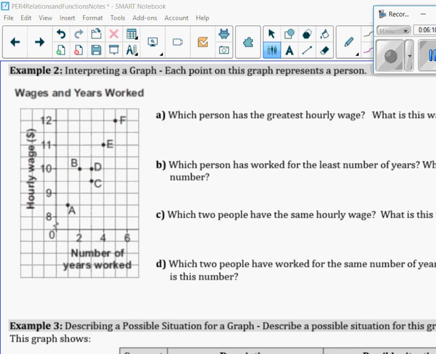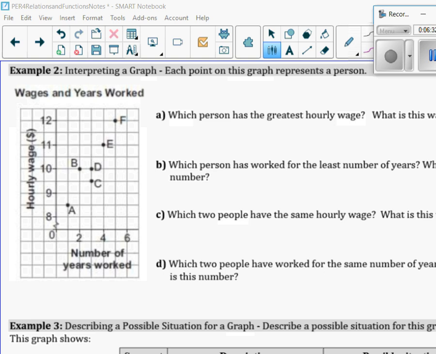Here is the wages and the years worked. Which person has the greatest hourly wage? The greatest hourly wage.